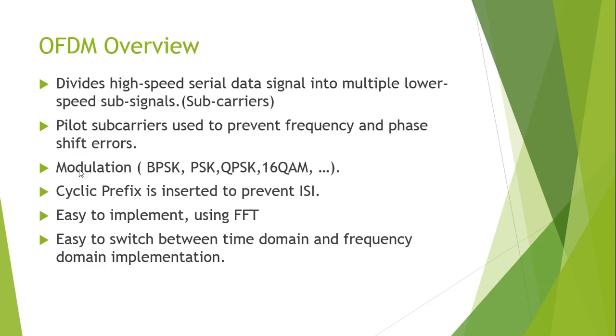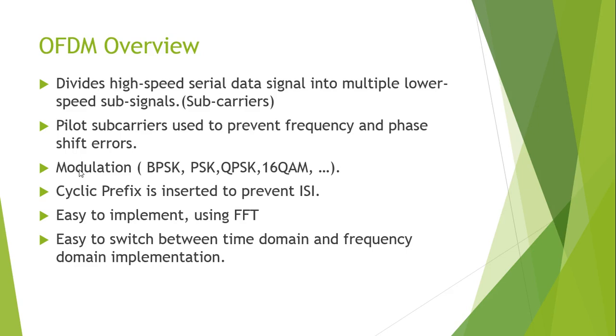This is the general overview of the OFDM system. It divides the high-speed serial data signal into multiple lower speed subsignals, that is the subcarriers which are parallel to each other, and then pilot signals are inserted into these subcarriers to prevent frequency and phase shift errors. And then modulation is done on these signals.